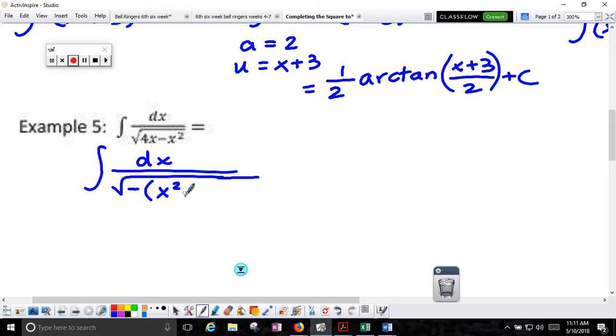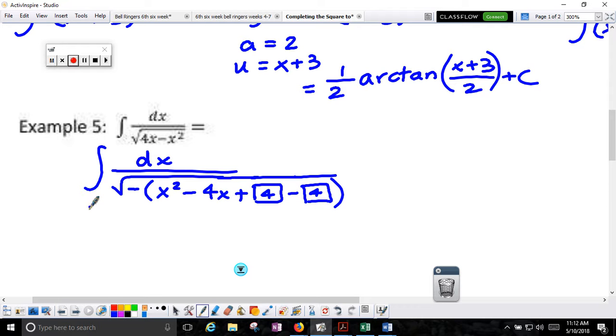So x squared minus 4x, and then I'm going to do a plus box, minus box. That's all under the radical, I believe. I think that I did that correctly. Yeah. I just switched the order and factored out a negative and then did my plus and minus box. So again, half of 4 is 2. 2 squared gives me 4. So put a 4 in each of those boxes.